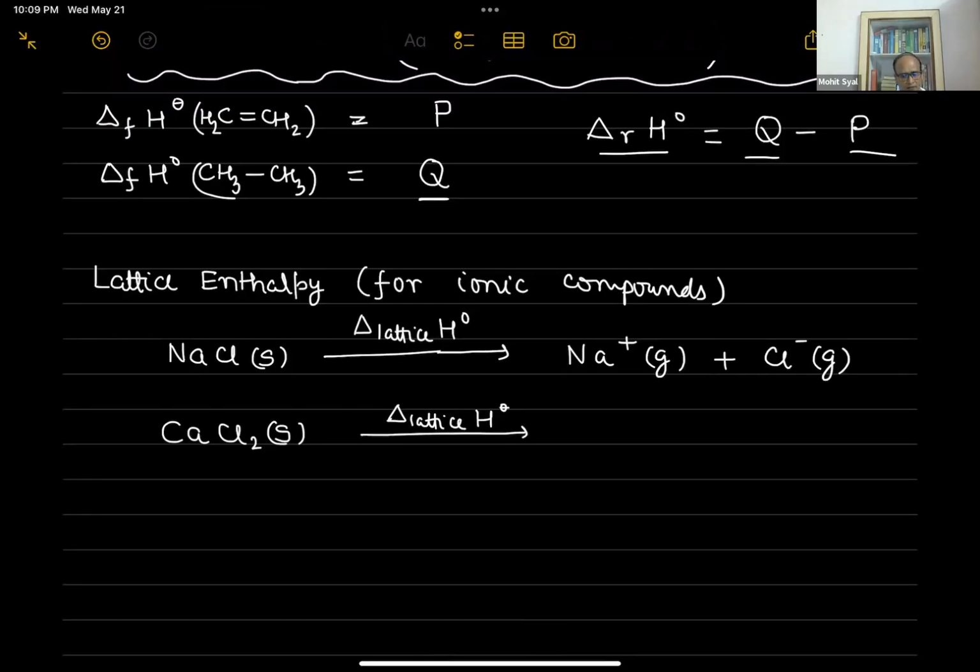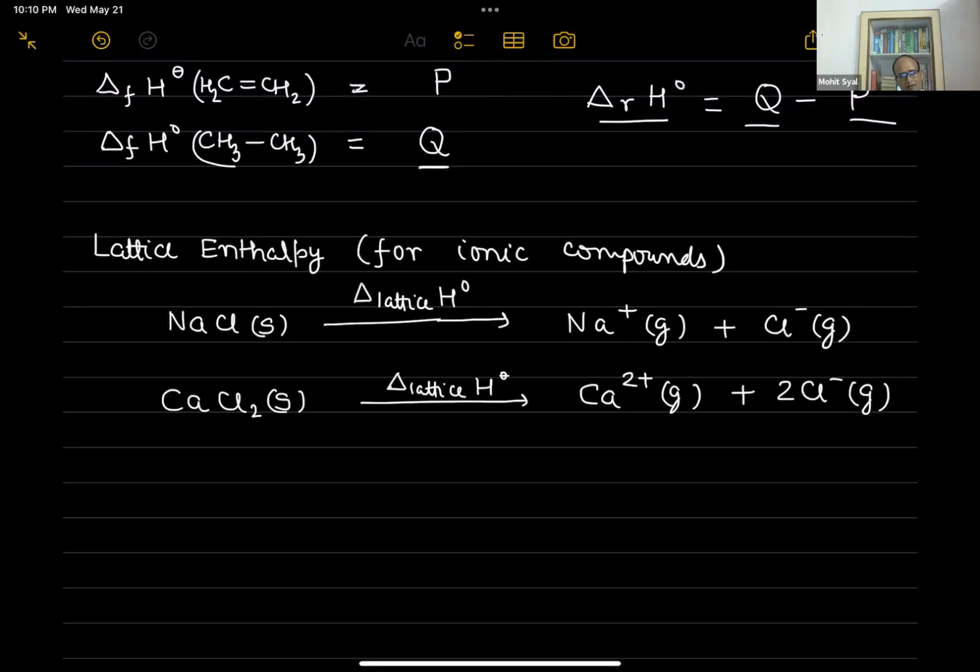So what are we going to get? Ca plus 2Cl, calcium ion, and this ionic compound dissociates completely into its constituent ions in gas phase.